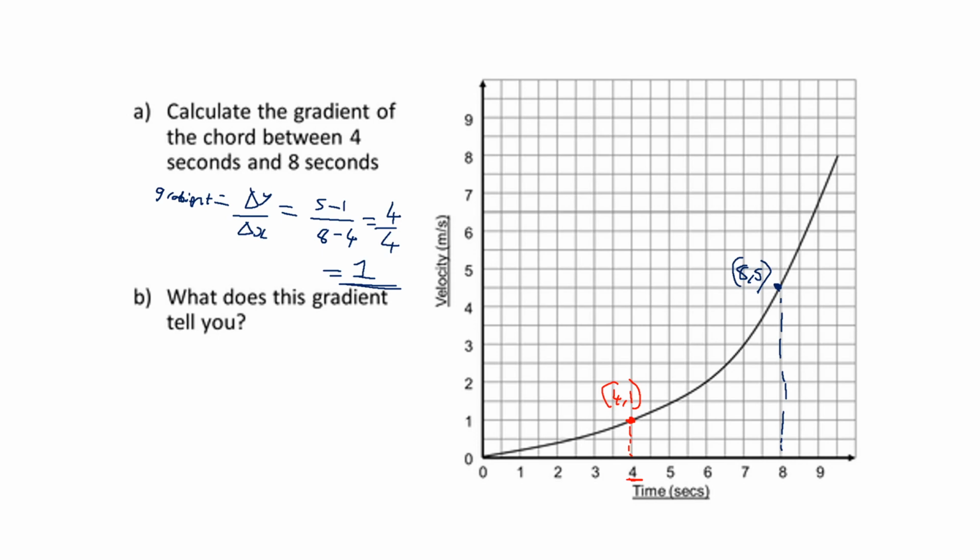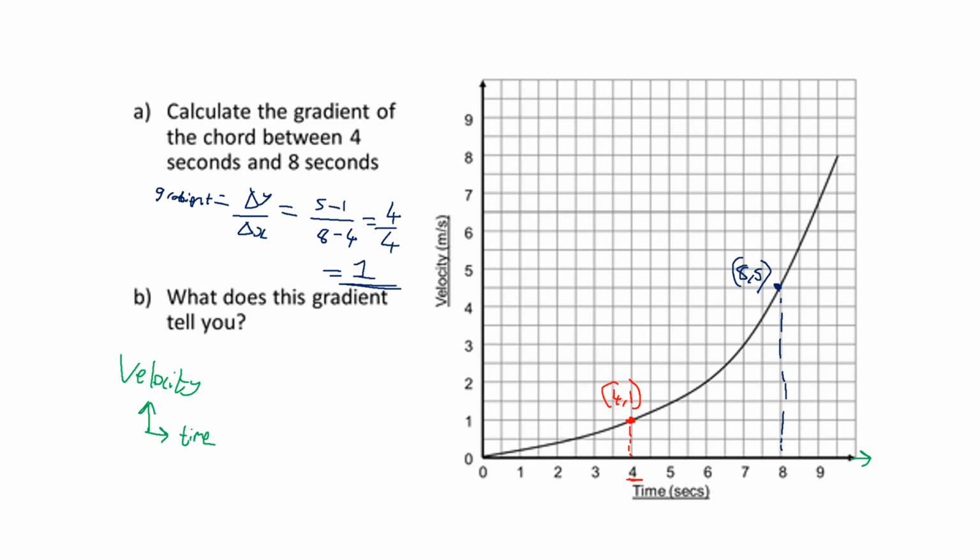Now, what does this gradient tell you? Well, let's take a look at what we have here. This y-axis represents the velocity, okay? And this axis here on x is the time, right?